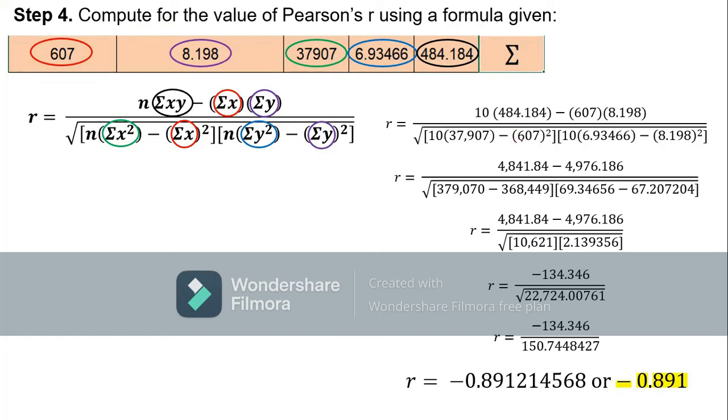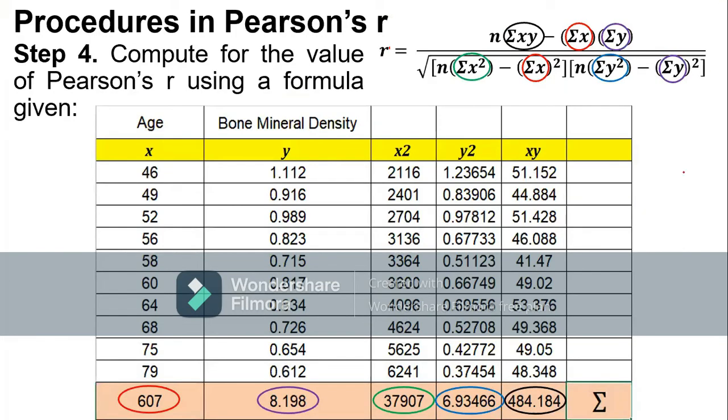Okay? Minus to the, okay, yung summation ng ating x value squared. Then, multiplied again to the, yung ating frequency, yung 10 data na binigay. Okay? Tapos, multiplied to the y squared value.